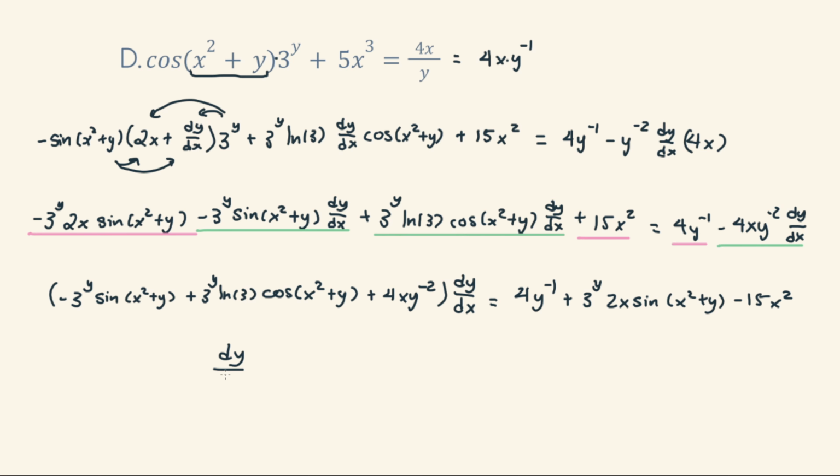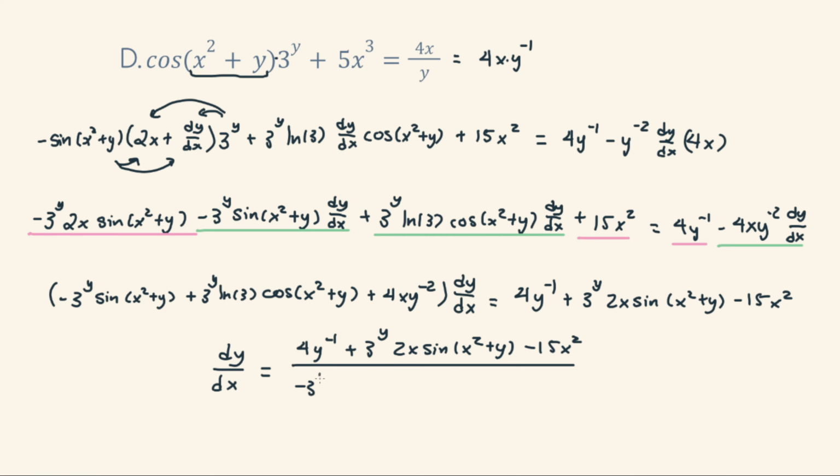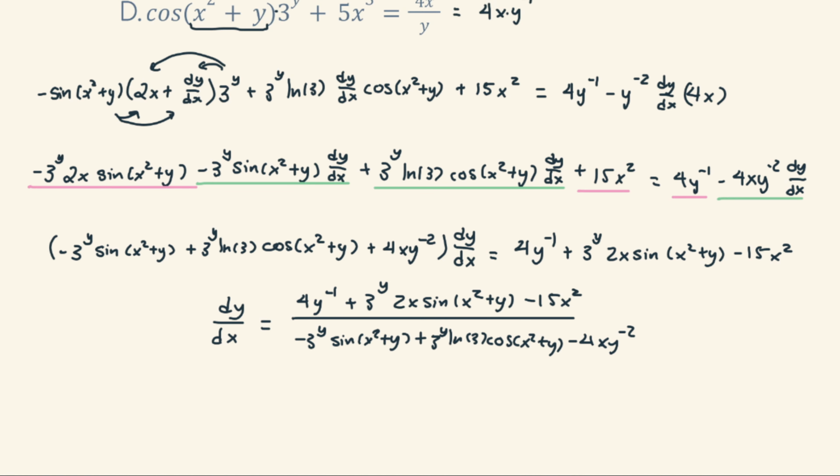So dy over dx is equal to 4y to the minus 1 plus 3 to the y 2x sine of x squared plus y minus 15x squared, all divided by minus 3 to the y sine of x squared plus y plus 3 to the y ln 3 cos of x squared plus y plus 4xy to the minus 2. Okay? And that's all you have to do for question D. Oh wait, let me fix this real quick right here. This is plus. Okay.